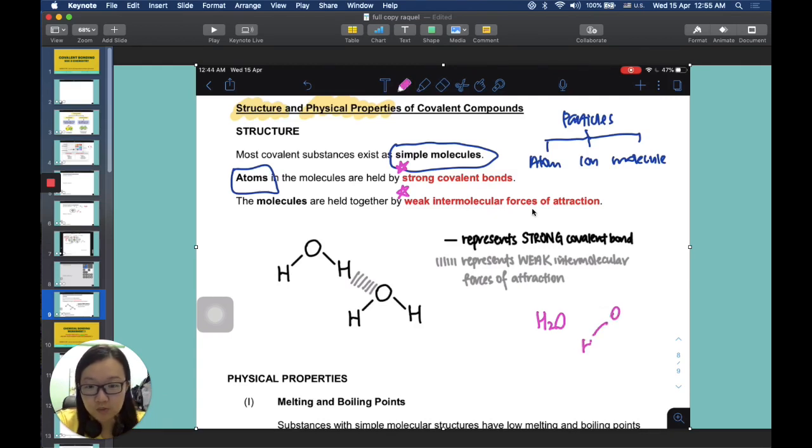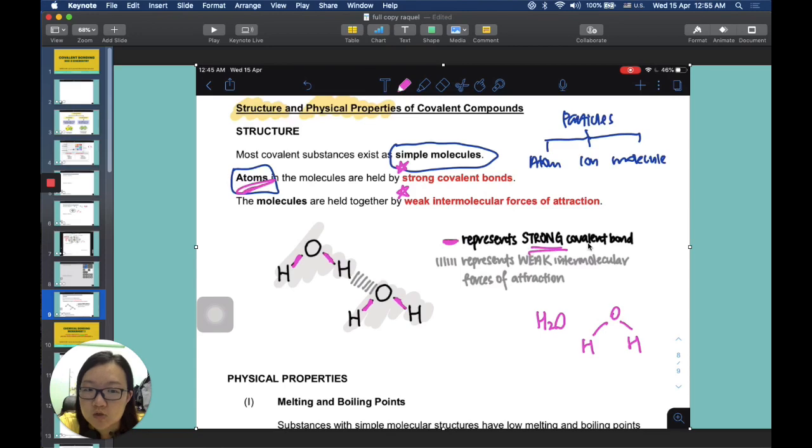If we look at water, which is H2O, we can represent it in this format, the so-called Mickey Mouse structure. You see that over here I have two molecules of water. These lines in pink, this line, this line and this line, all represent the strong covalent bonds.